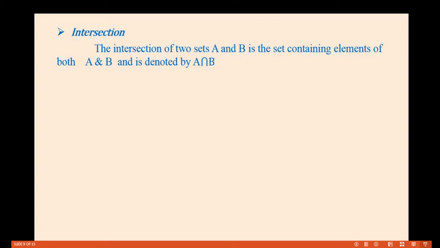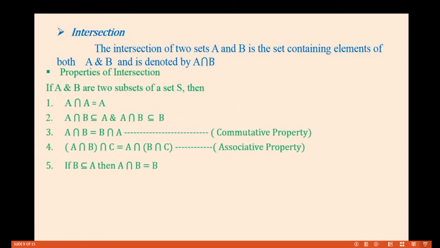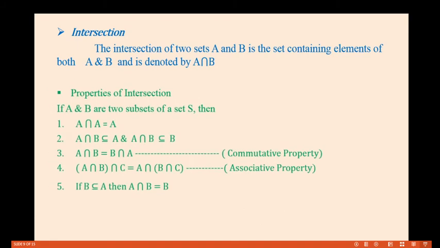Intersection. The intersection of two sets A and B is nothing but the set containing elements which are common to both A and B, and it is denoted by A intersection B. Properties again of intersection are: if A and B are two subsets of a set S, then A intersection A is A. A intersection B is a subset of both A and B. A intersection B is equal to B intersection A, that is the commutative property for intersection.